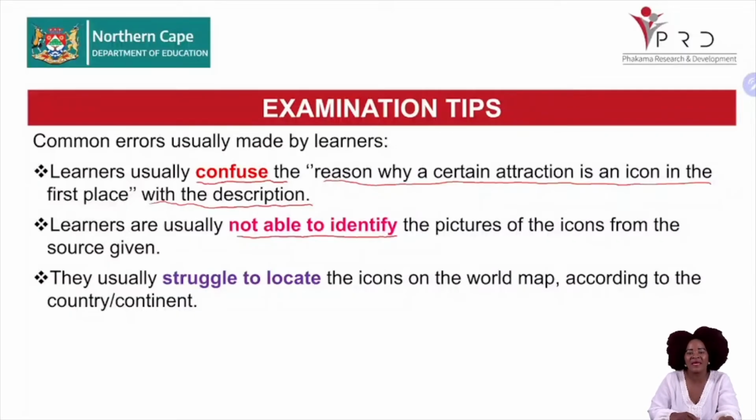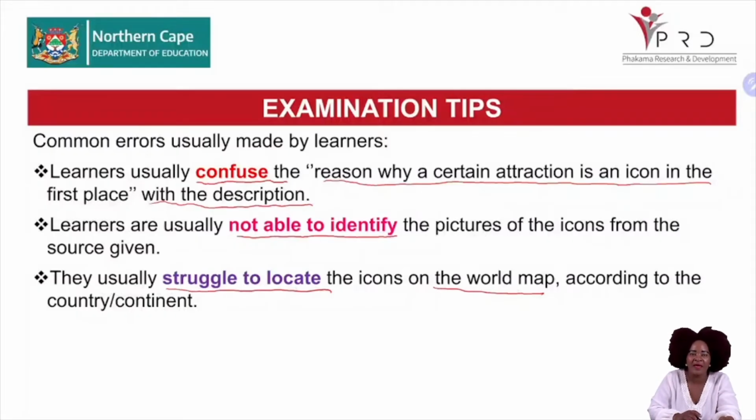I don't think there is a learner who is actually going to confuse those pictures or not be able to identify the pictures. Usually, learners struggle to locate the icons on the world map according to the country or the continent. I know that problem is there. Most learners are making that mistake.